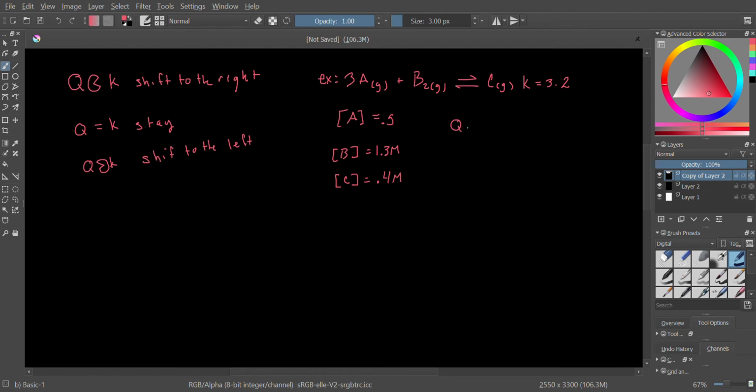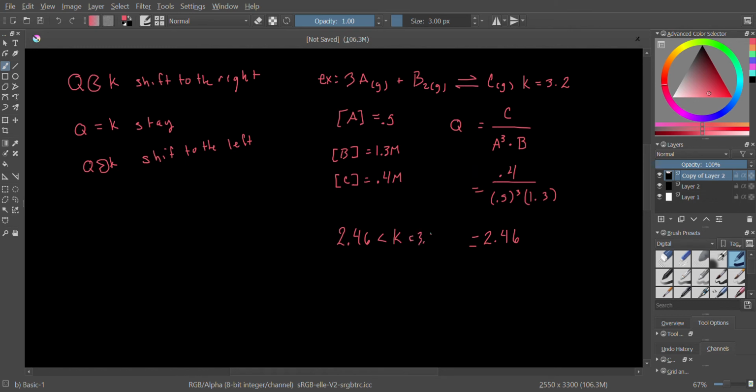So we're going to write our Q expression, which is our products, C, over our reactants, A cubed times B. So we put this in as 0.4 over 0.5 cubed times 1.3, and we should get 2.46, which in this case is less than K, which is 3.2.